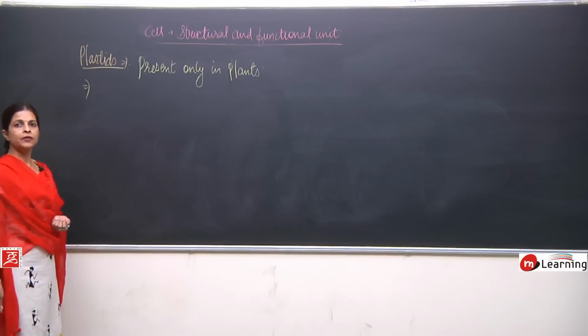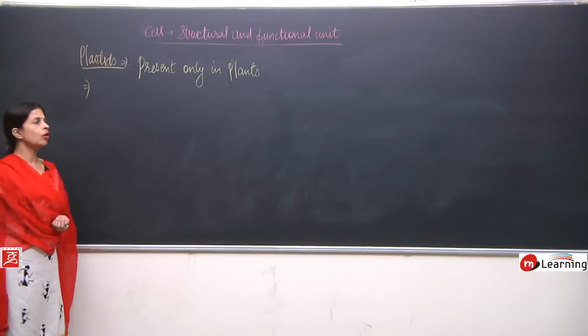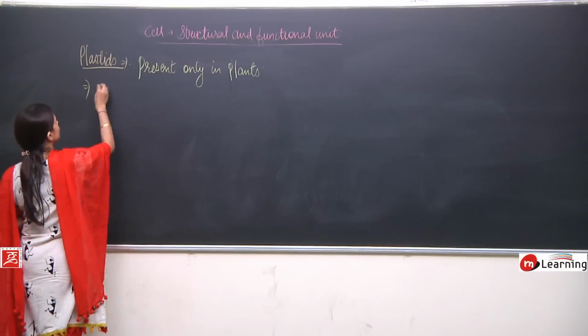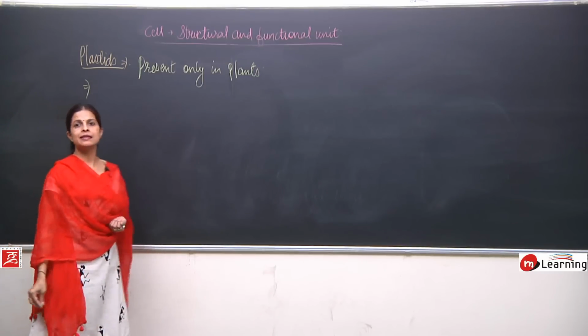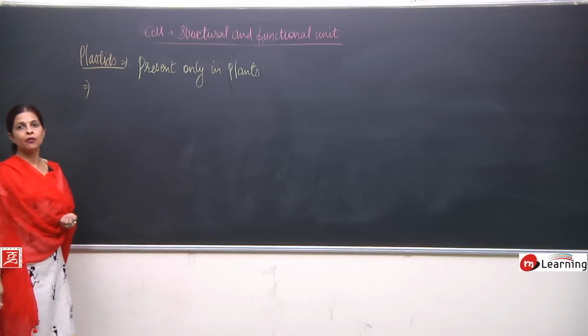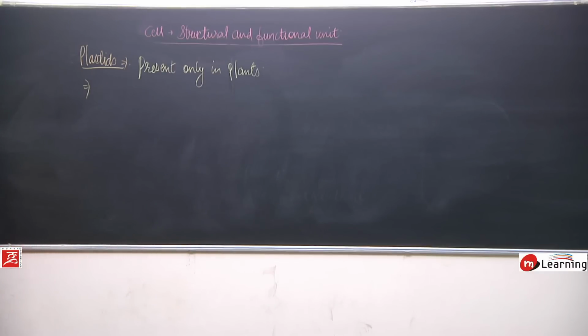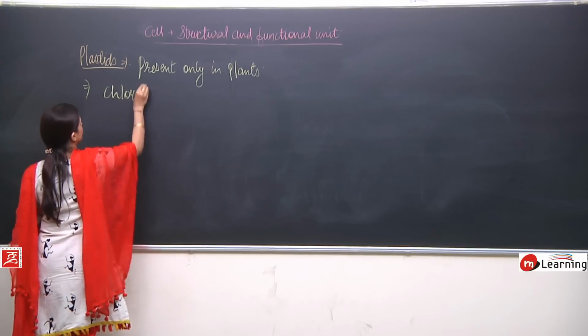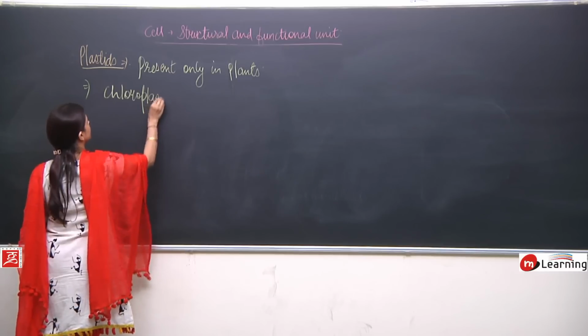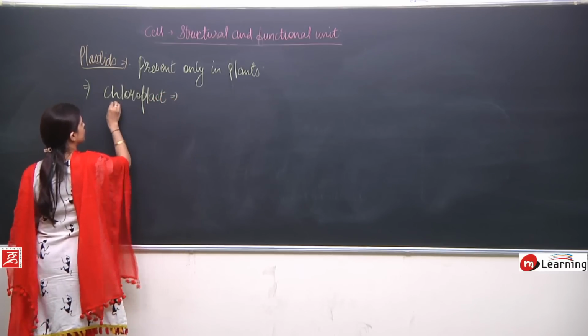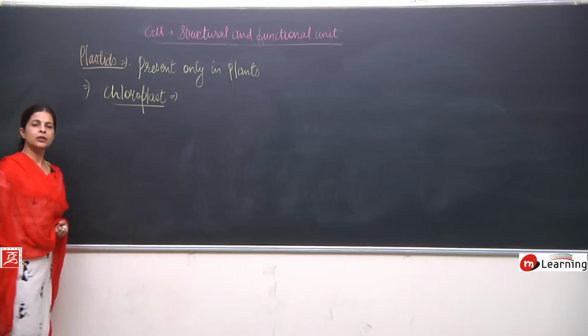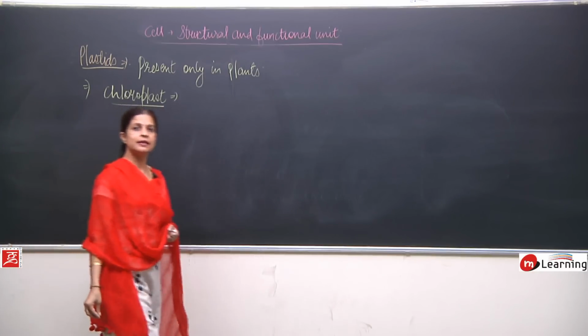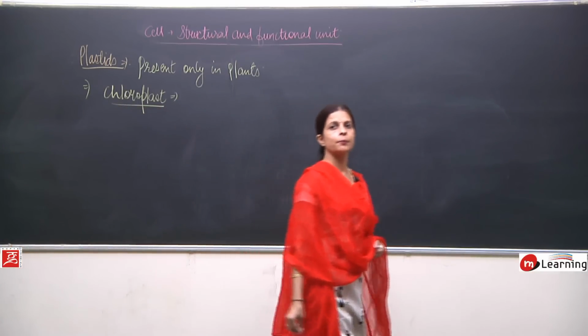Now, if we talk about the types of plastids, we will first discuss chloroplast. Chloroplast is a type of plastid.